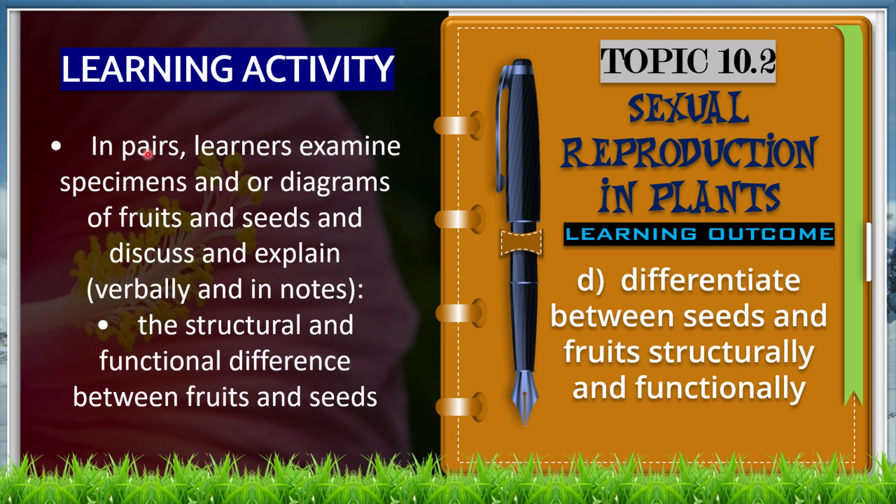In pairs, learners examine specimens or diagrams of fruits and seeds and discuss and explain verbally or in notes the structure and functional difference between fruits and seeds.